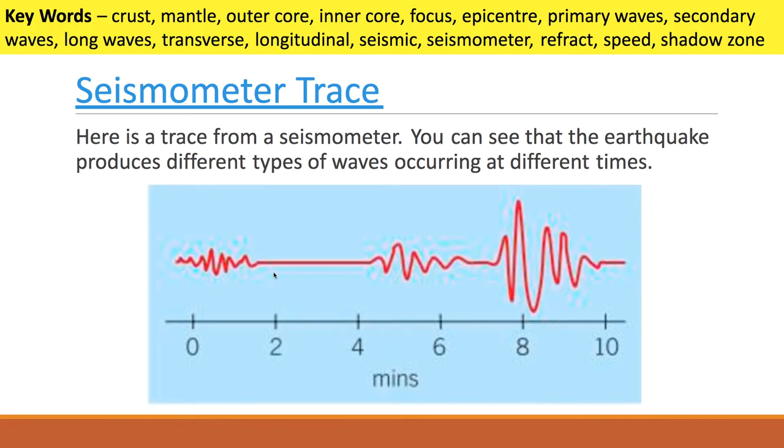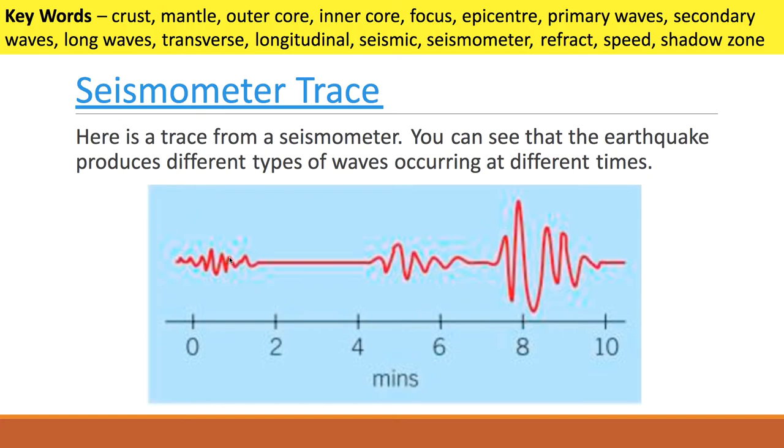So here you have a seismometer trace, and you can see very clearly as time goes by. Initially, this is the kind of wave. You get waves here. A little later, you get another kind of wave. You can see they're different. And then here you get another kind of wave. So there's three distinct waves.